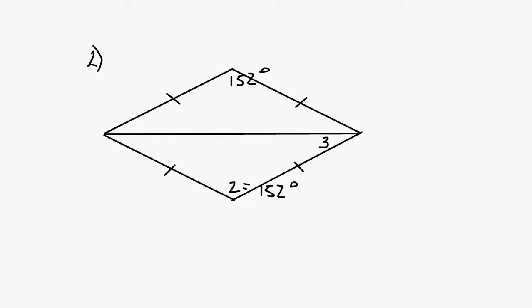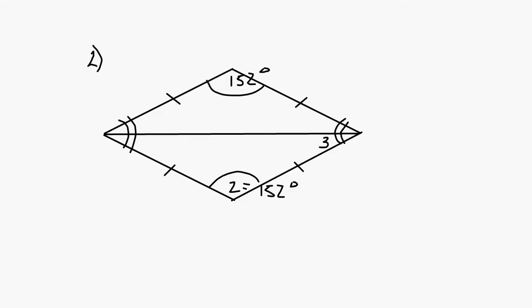Okay? So these two angles are equal to each other, which means that these two angles are also equal to each other. And the four of these have to add up to 360.